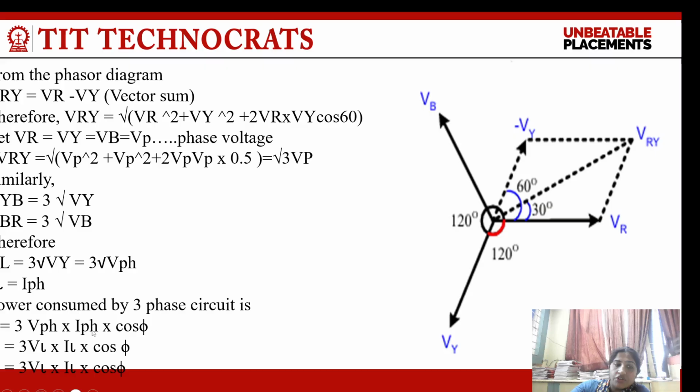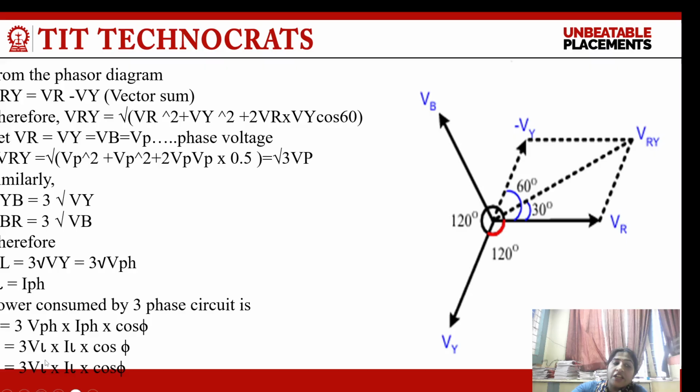And we know the phase voltage is equal to the line voltage divided by root 3. If we solve, we are going to get the total power equal to root 3 times line voltage into line current into cos phi.